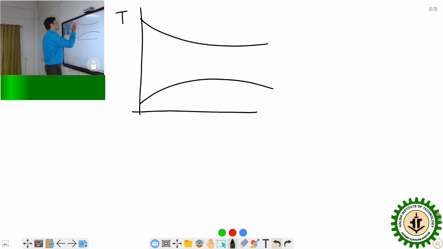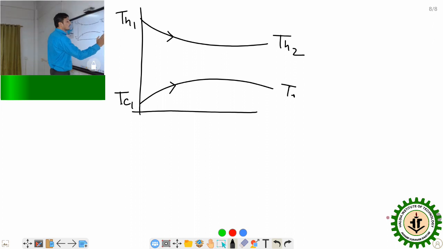This is TH1, the inlet temperature of the hot fluid, TH2, the outlet temperature of the hot fluid. This one TC1 and this one TC2, cold fluid in, cold fluid out.